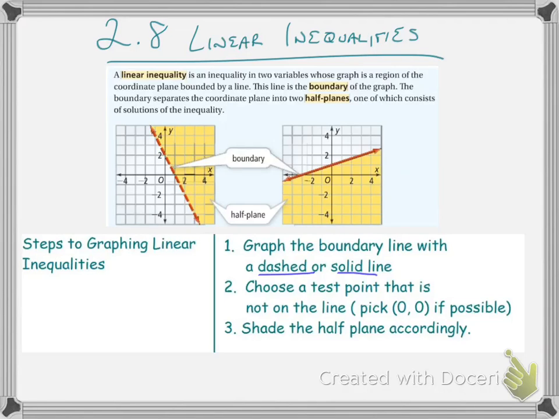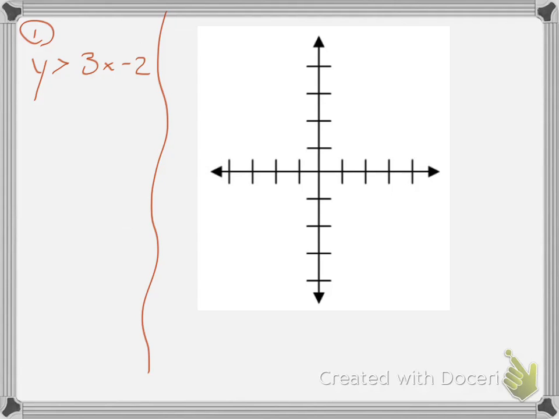Alright, let me get to an example. So this one is already in slope-intercept form. Remember, if it's not, and if you multiply or divide by a negative, you do still need to use that rule of changing the inequality. But here I have a slope of positive 3, a y-intercept of negative 2.